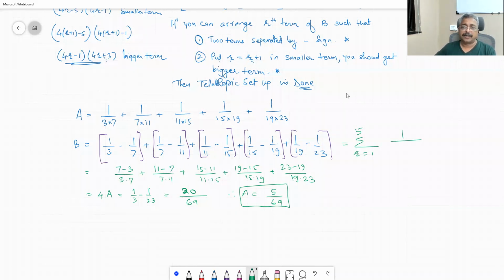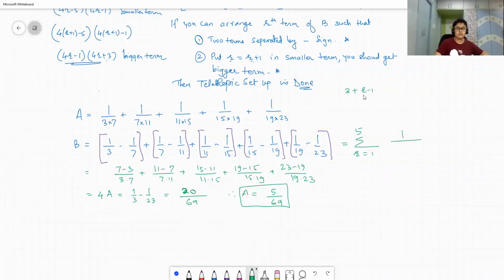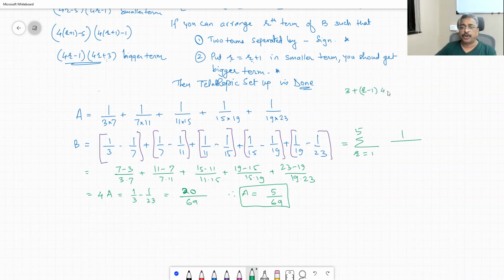In terms of R, 3 plus R minus 1 times 4, which is 4R minus 1. So we have been given the sum looking like this: 4R minus 1 into 4R plus 3. This is our given sum.